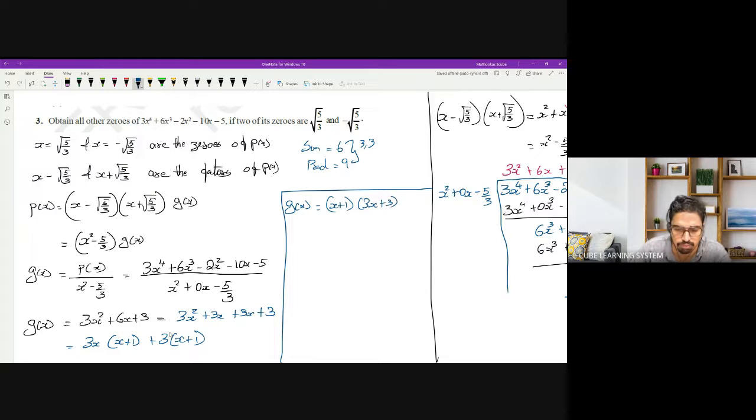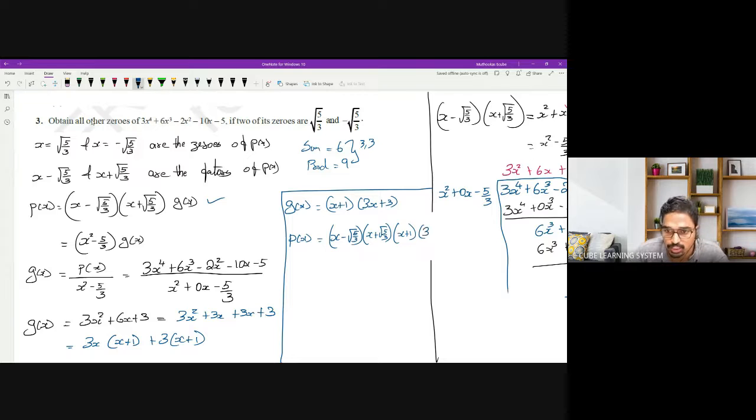Now we can substitute in the equation 1. We get p of x is equal to x minus root 5 by 3 into x plus root 5 by 3 into x plus 1 into 3x plus 3. That's what we can write.